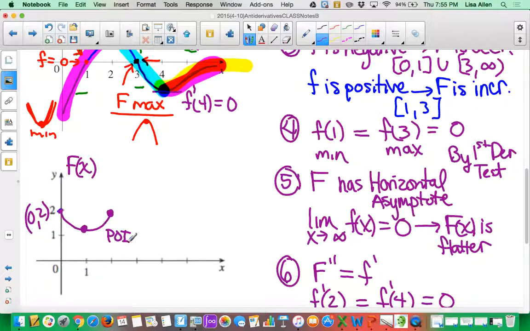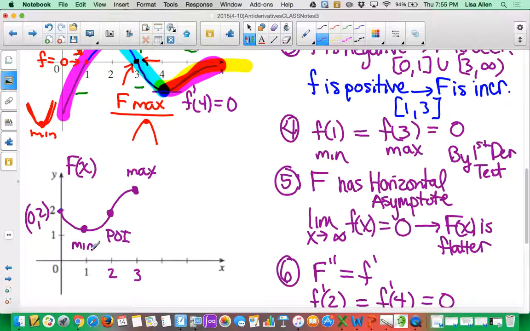My function is decreasing from 0 to 1, increasing from 1 to 3. Even though you have a point of inflection, it's increasing until you get to 3. And then I know at 3, I have a maximum point. So I have a max at 3, as we said, and a minimum at 1.